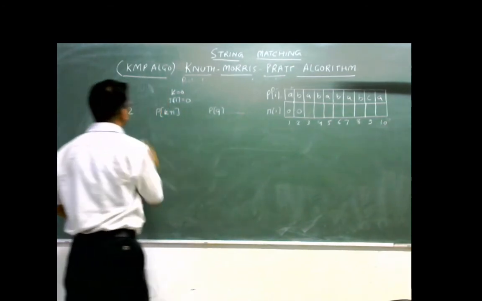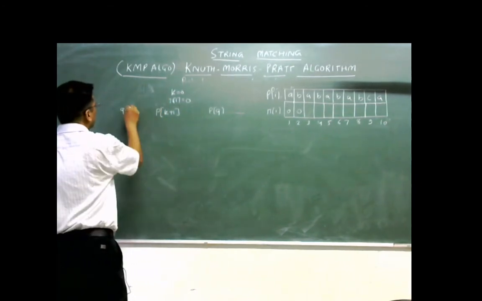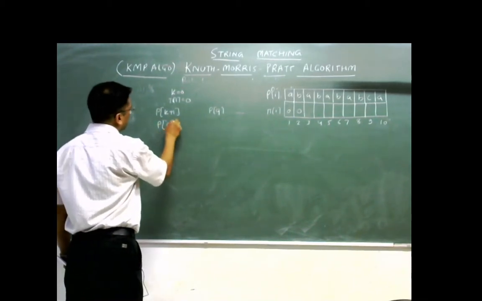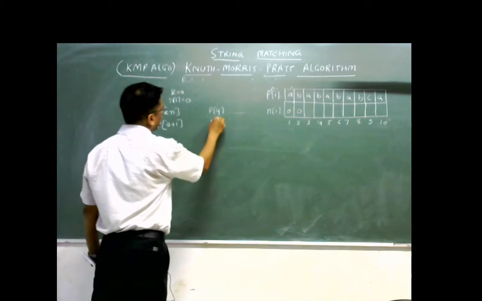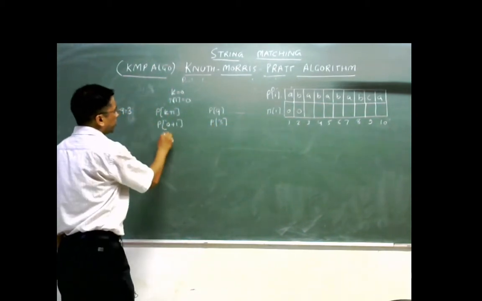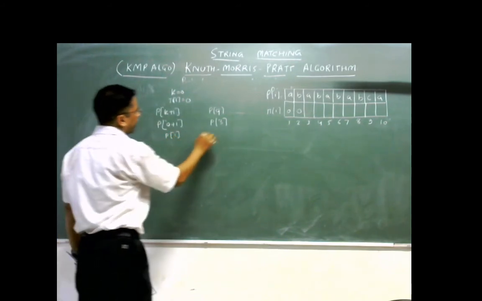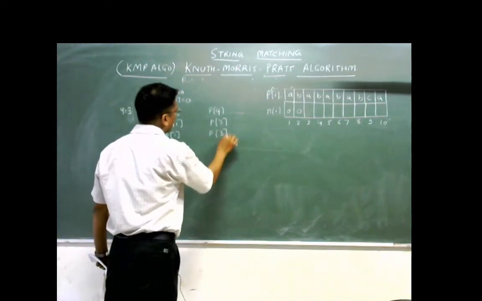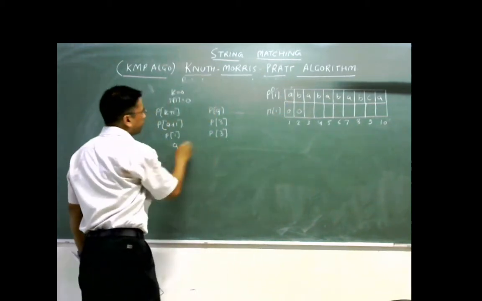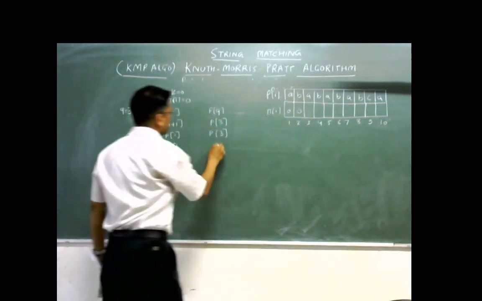K has remained 0, and now we compare position 0 plus 1 and position number 3, because q is now equal to 3. So P1 and P3. P1 is equal to A and P3 is equal to A. So there is a match.